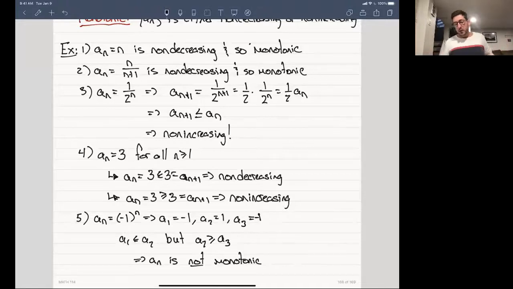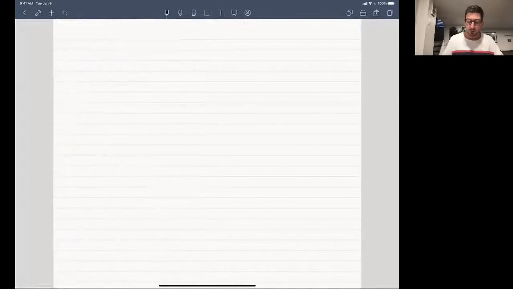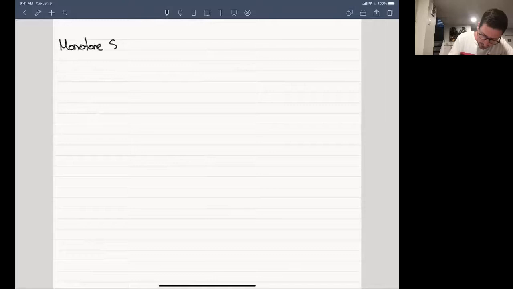Okay, so sometimes when it comes to monotonic sequences, you can use these properties to prove that a sequence converges. So it might be slightly easier than invoking all of the work that we did in the previous video to simply invoking what's called the monotone sequence theorem. So the monotone sequence theorem.